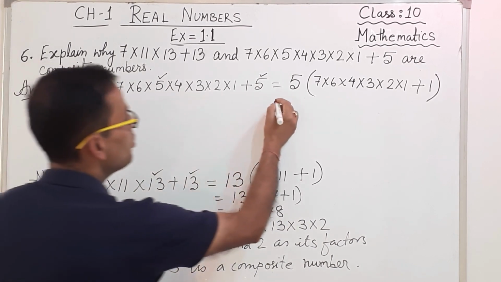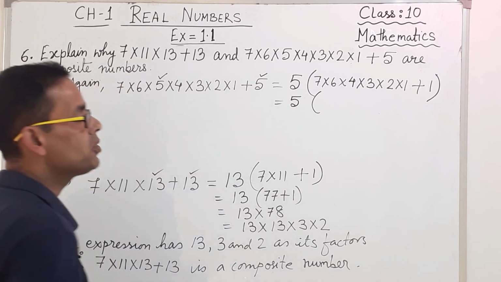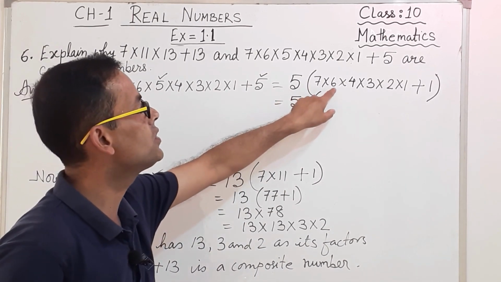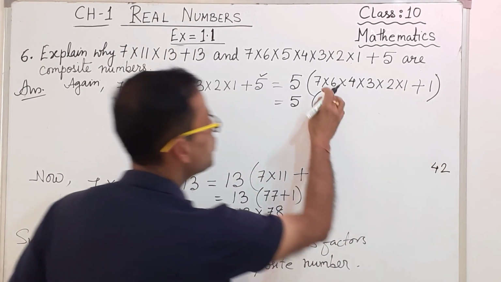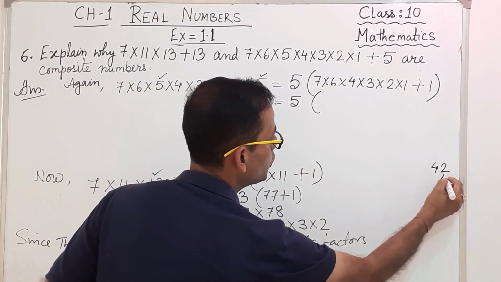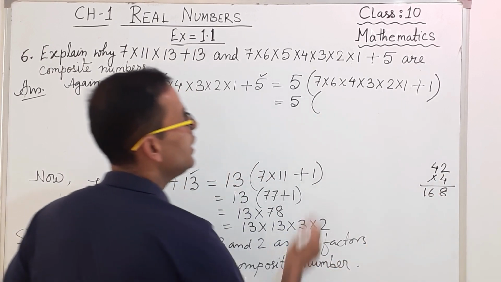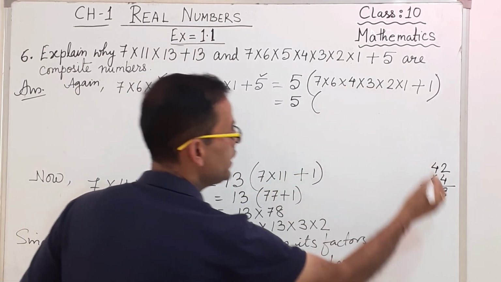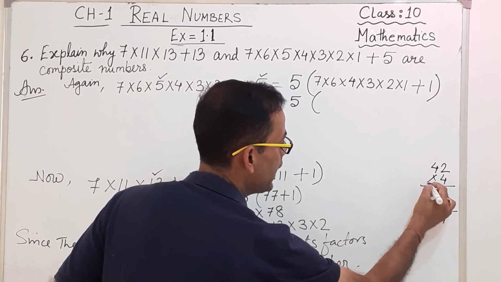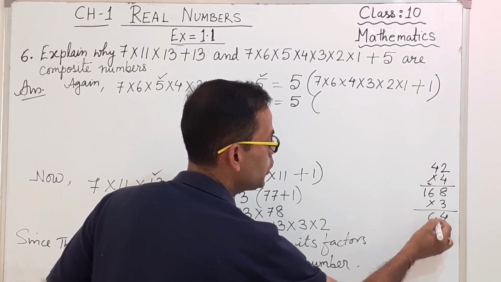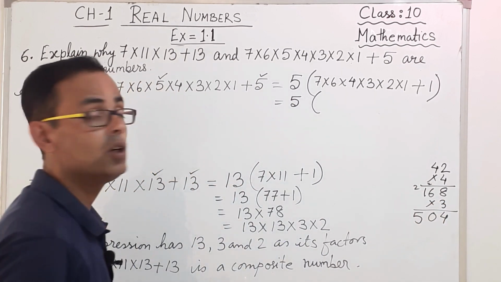Now we will multiply this one. 7 into 6, 42. 42 into 4. So 4 2s are 8, 4 4s are 16. Then into 3. So 3 8s are 24, 2 carry, 3 6s are 18, 19, 20, 2 carry, 3 1s are 3, 4, 5. So 504.